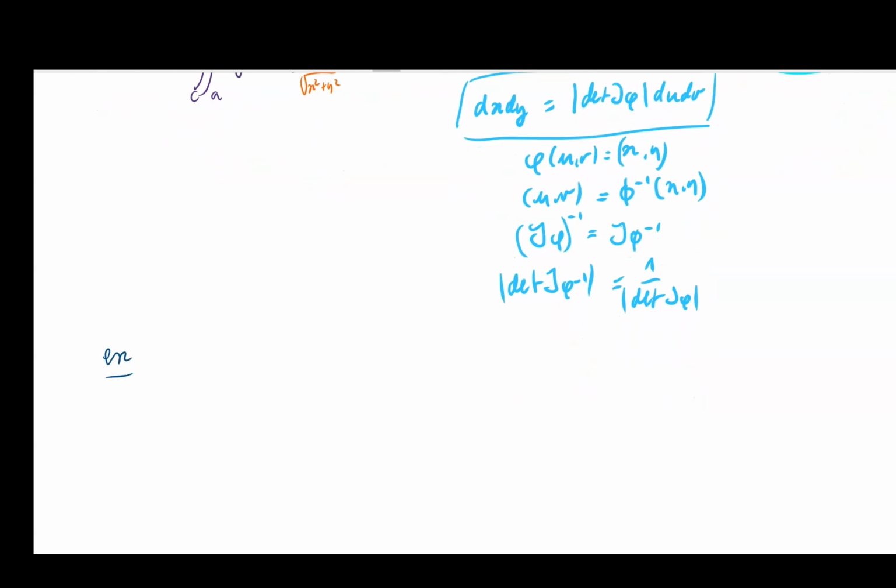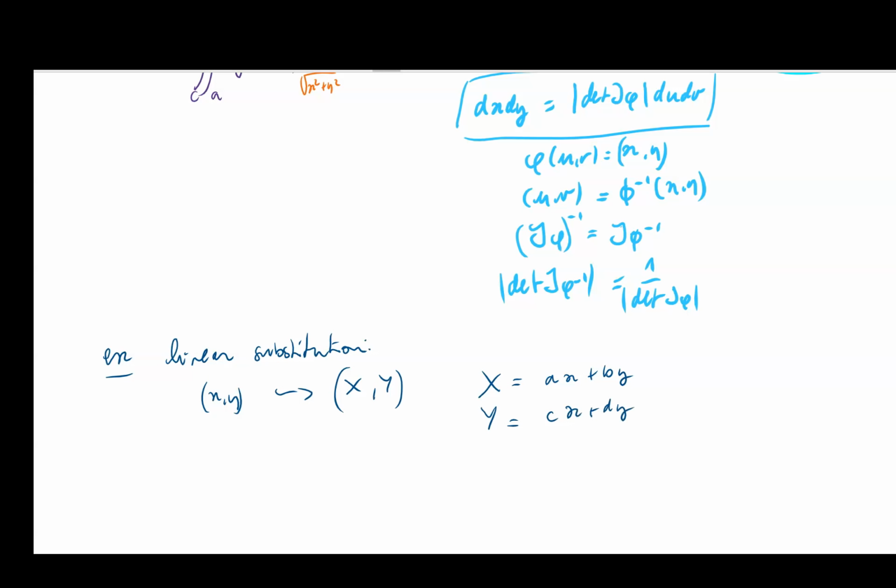A very simple substitution. Why? Because that's the linear substitution. What do I want? Let's say I've got my variables x, y, and I want to substitute two new variables. Let's call them capital X, capital Y, where capital X is defined as ax plus by, and capital Y is equal to cx plus dy.